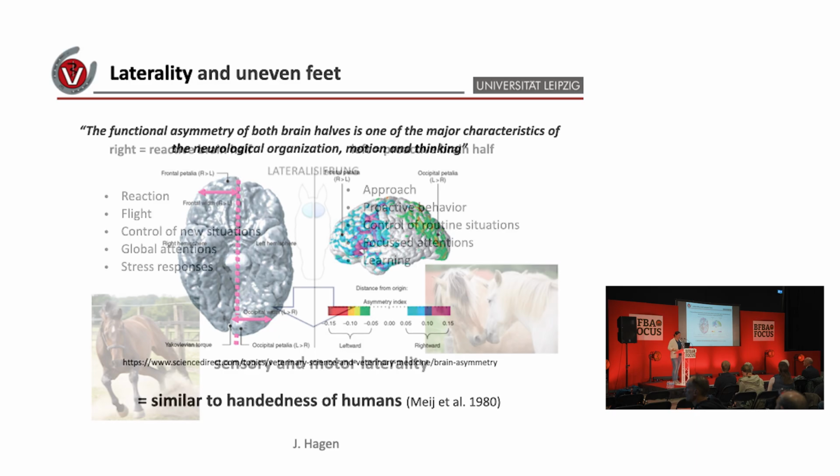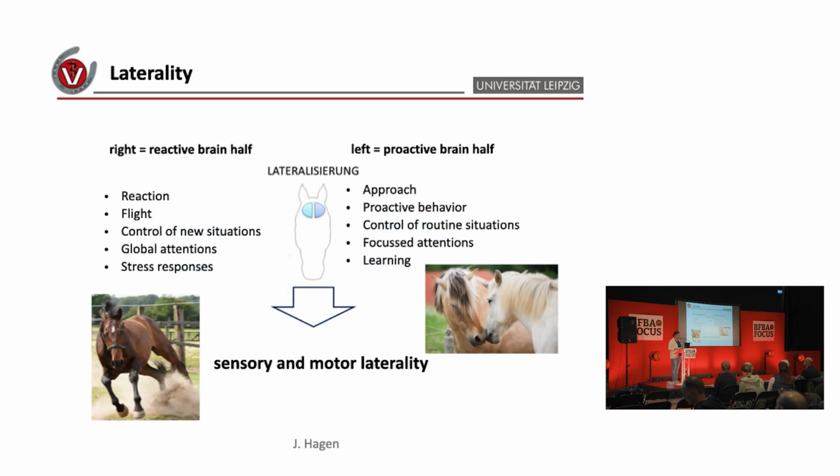And in horses, for example, the right part of the brain is responsible for all short-term things like stress reaction, flight, control of new situations, while the left brain hemisphere is more or less for controlling known situations, long-term memory, approaching other animals or humans.